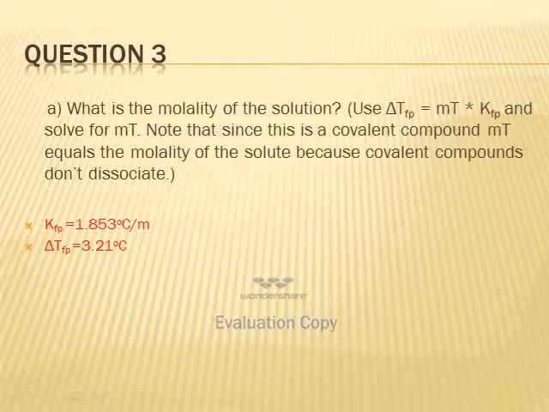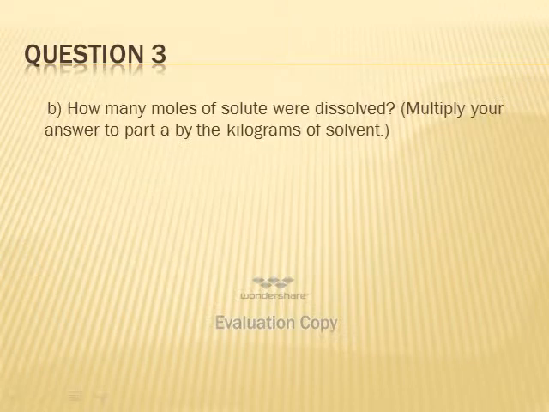It is equal to 3.21 degrees Celsius. Now we have all values necessary to solve for mT. It is just 3.21 degrees Celsius over 1.853 Celsius per molality, which equals 1.73 m.